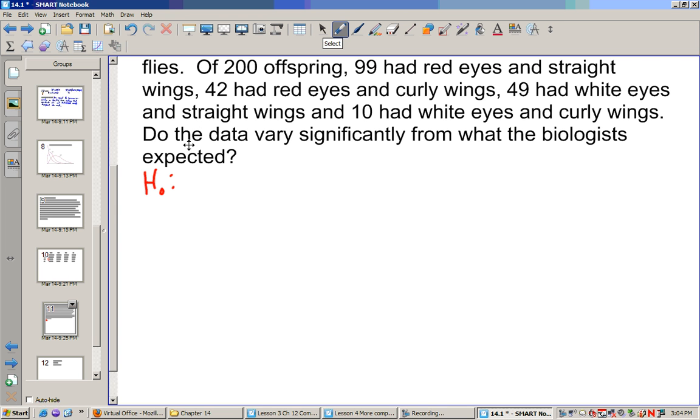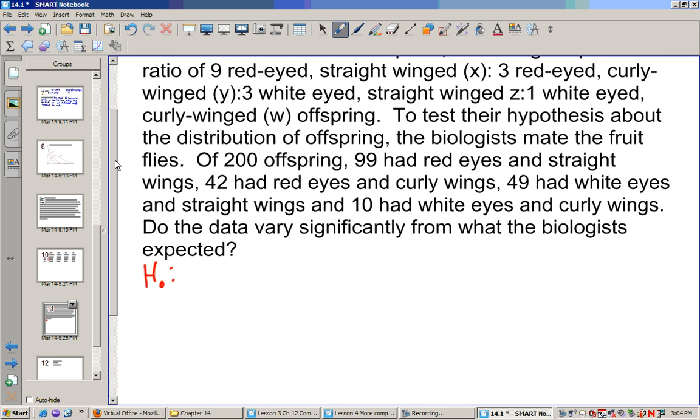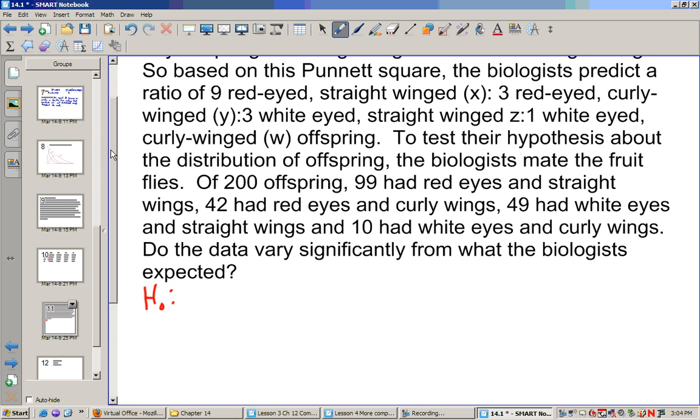Our null hypothesis is that the ratio would be 9 to 3 to 3 to 1.